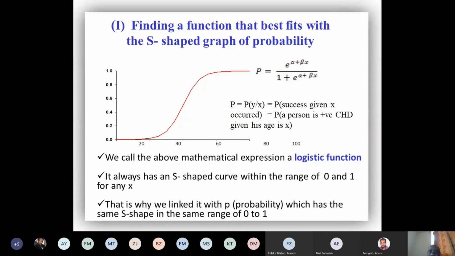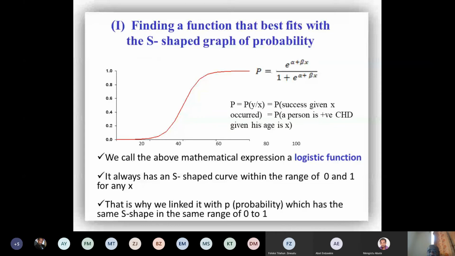So this function is called the logistic function, and mathematically it can be proved that it has an S-shaped curve, as you can see here in the graph.